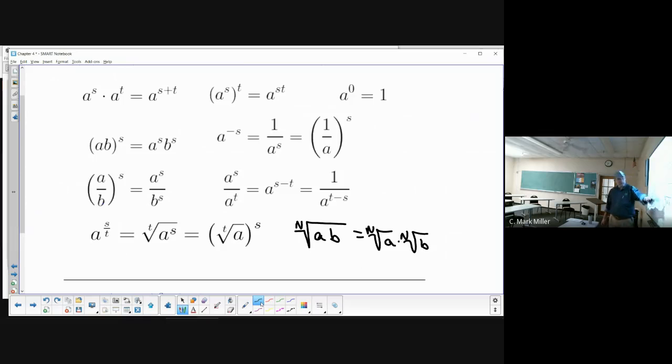You can distribute over multiplication. This is really an extension of this. That is really the same as this. You can do that, but you can't do it if there's a plus in the middle.